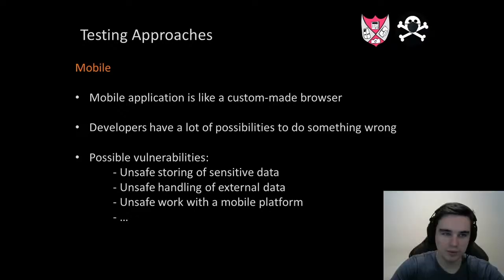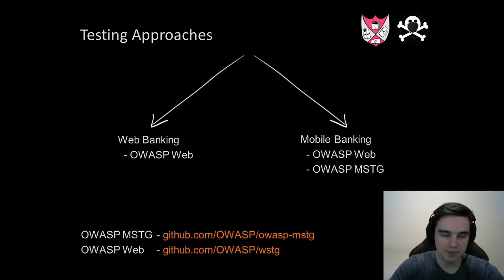And let's talk about testing guides, testing approaches for every type of online banking. For web banking, on this slide I wanted to make a big table comparing different guides and choosing the best one. But I just didn't find any other good guides except OWASP Web and OWASP MSTG.